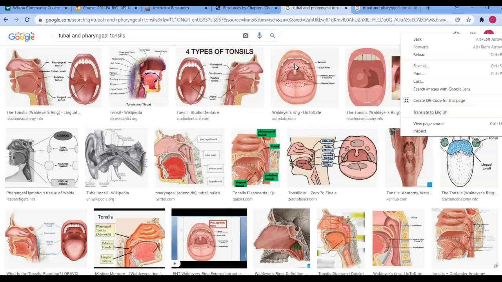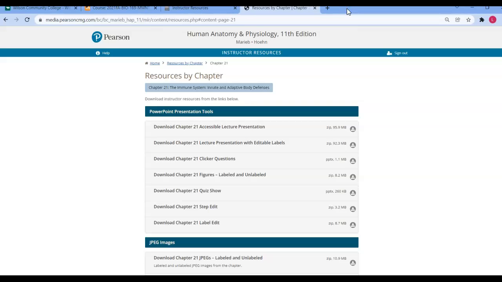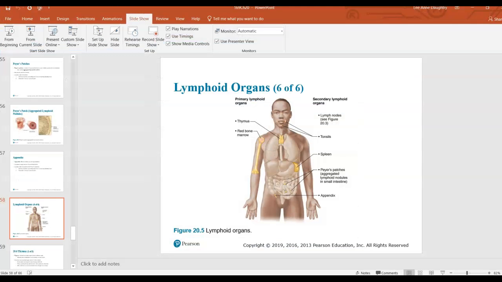I think that does make it clear that the pharyngeal tonsils may look like they're close to your ears, but they're really in the upper part of your nasal cavity. The picture is just where we're looking at it from the side. This one down here is a good picture too. You can take your time and search different images just to make sure that you have a good understanding.